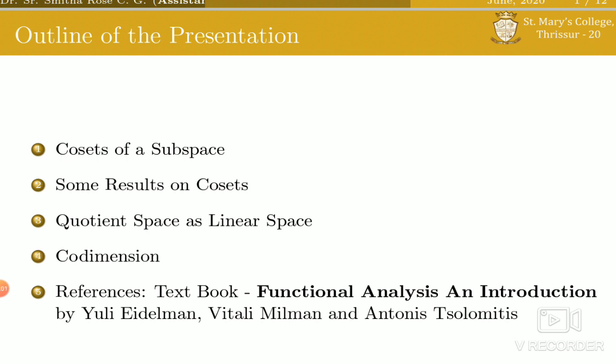So in that point of view, we have a vector space or a linear space and we have a subspace, and making that subspace as the basis for something, we are going to partition the whole vector space. So that is the idea of quotient spaces.